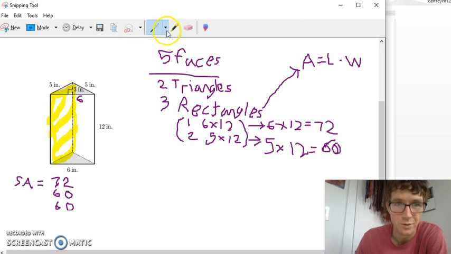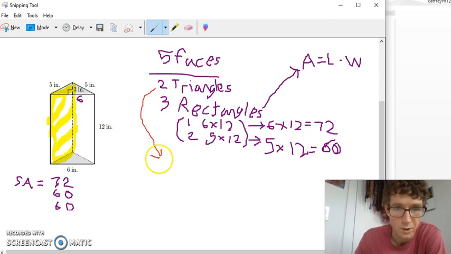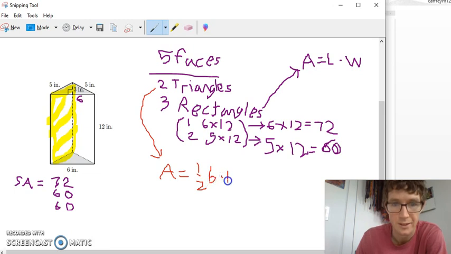Let's switch colors. So for our 2 triangles, let's look at that. For the area of a triangle, area is equal to 1/2 base times height.